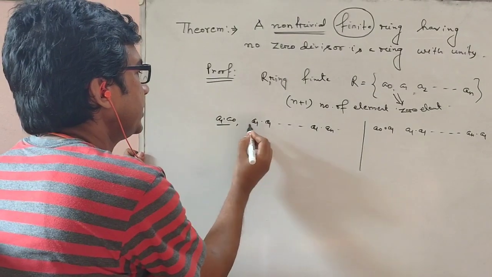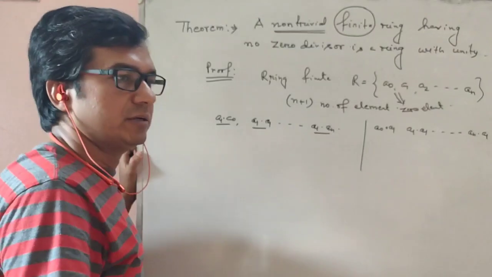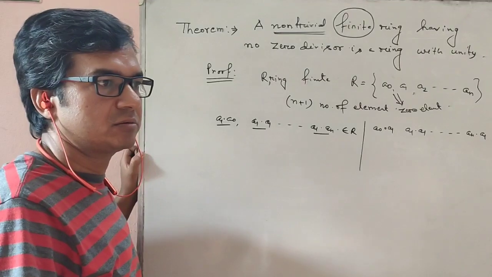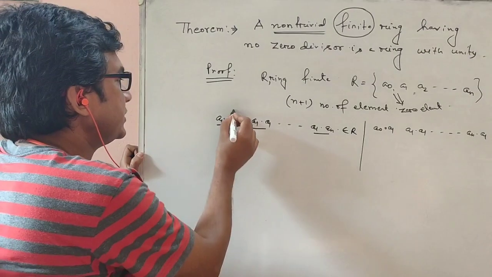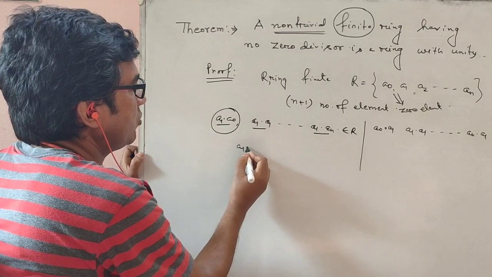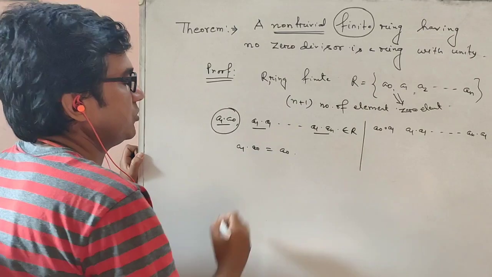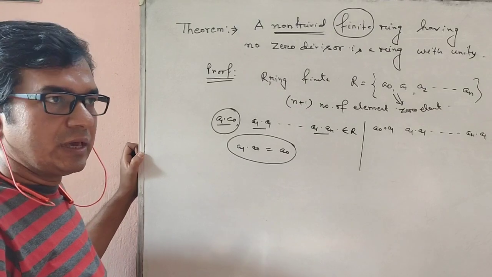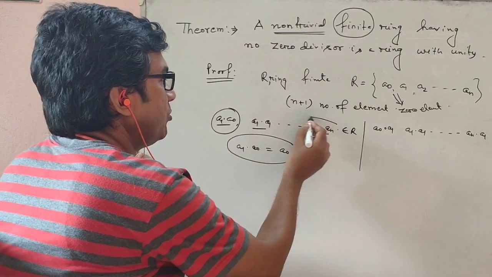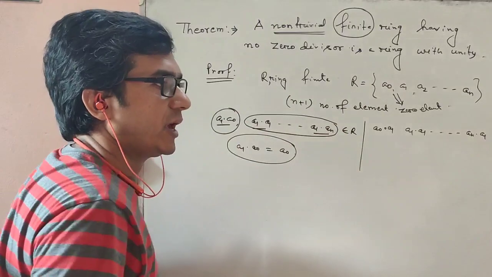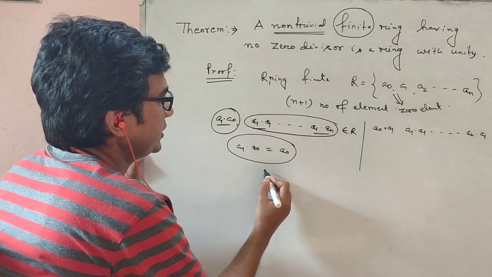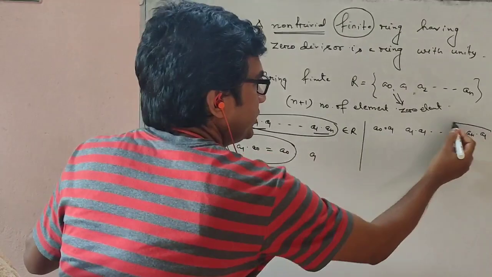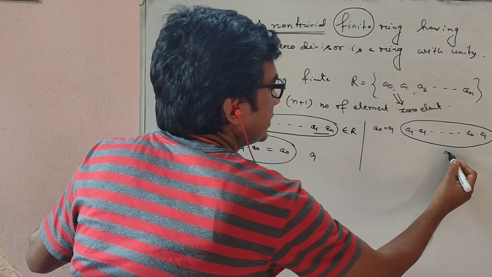All the elements must belong to R. Here A1 dot A0 equals A0, because this is the property of the 0 element. And among them there must be A1, also among them there must be A1.